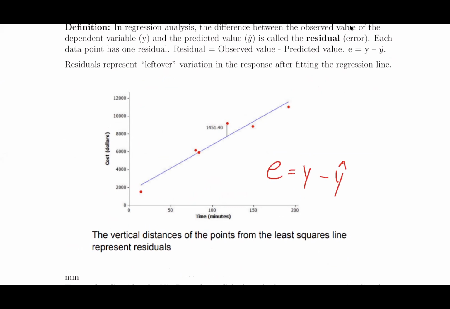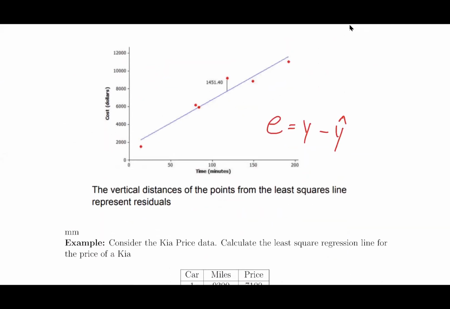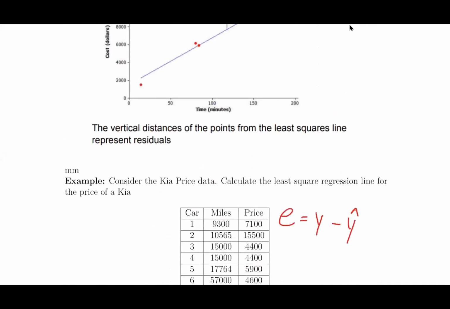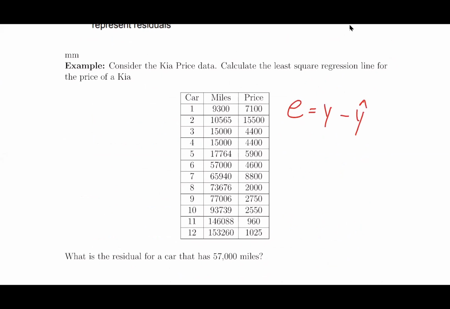So that's the formula that we're going to use for the residual. If you look at this question, it says consider the Kia price data. Calculate the least square regression line for the price of a Kia. So that's the first thing we want to do. We want to find the least square regression line for this data set.